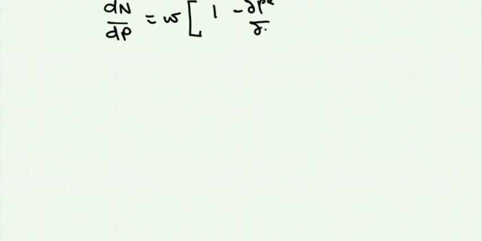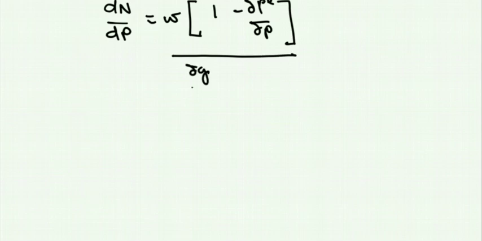So we have dn over dp equals to w times 1 minus delta pe over delta p, over delta g over delta n minus delta fn over delta n.